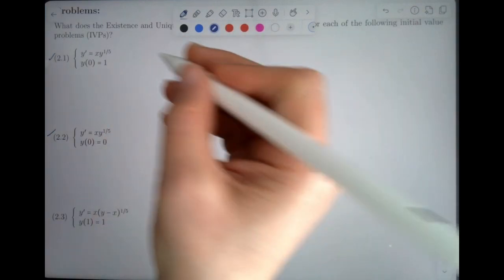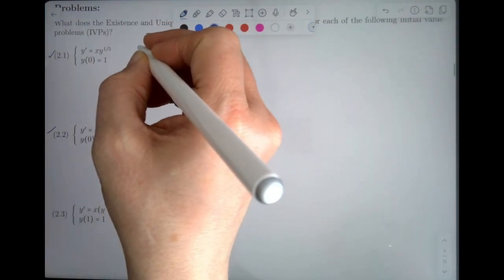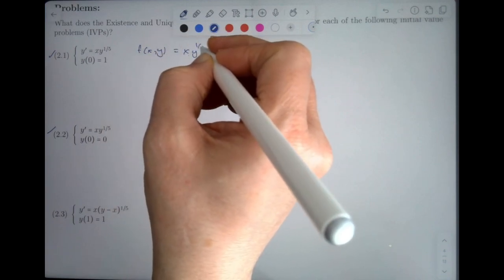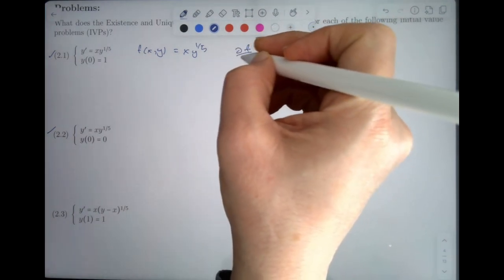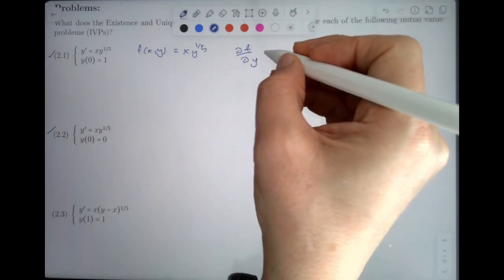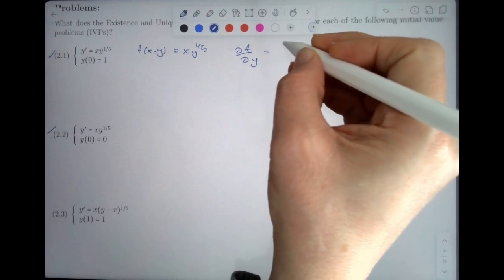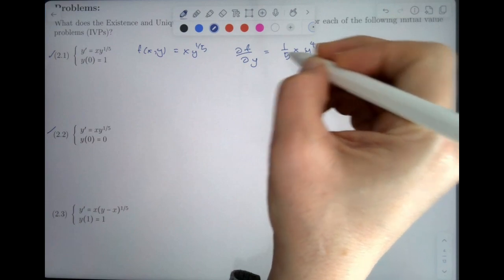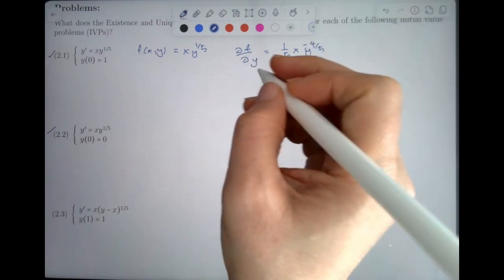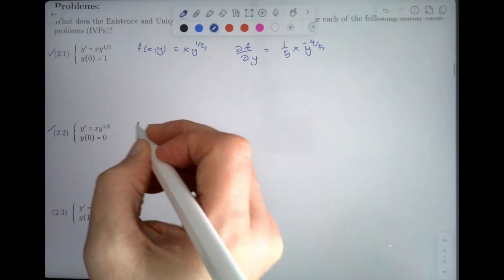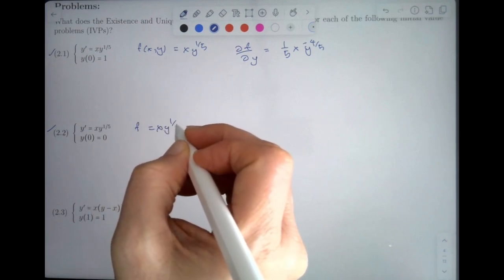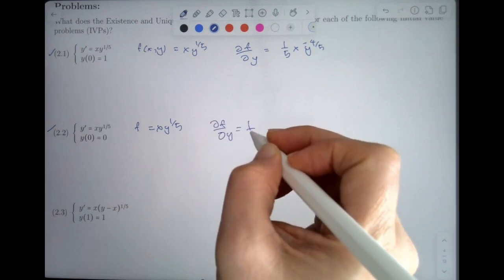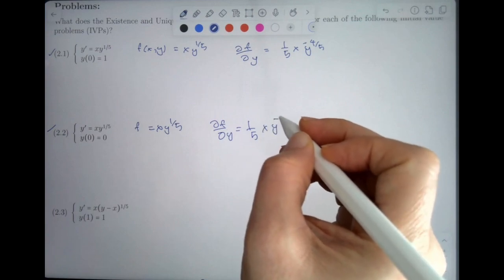So if f is x y to the power 1/5, then the partial of f with respect to y is going to be 1/5 x y to the power negative 4/5. It's the same thing here: f is x y to the power 1/5, and the partial of f with respect to y is 1/5 x y to the power minus 4/5.